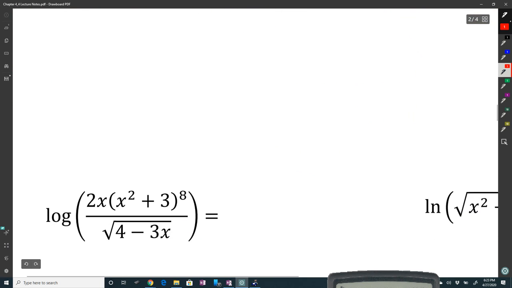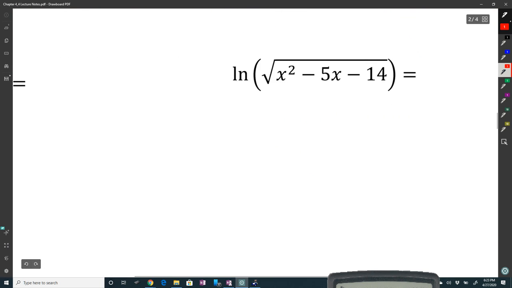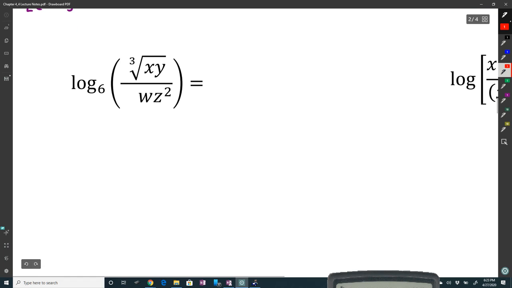All right, 4 more. Okay, so again, this is just practice to make sure we know how to do things. This is the same idea. We look at this, and the main idea is division.